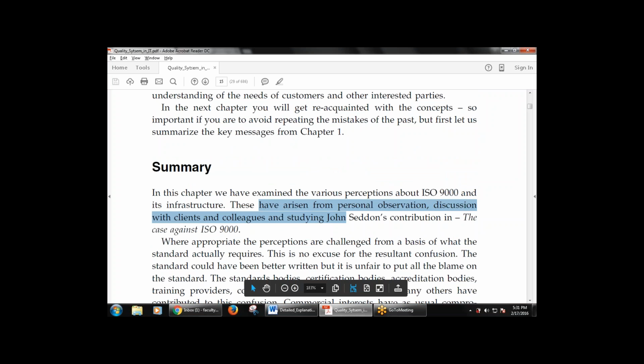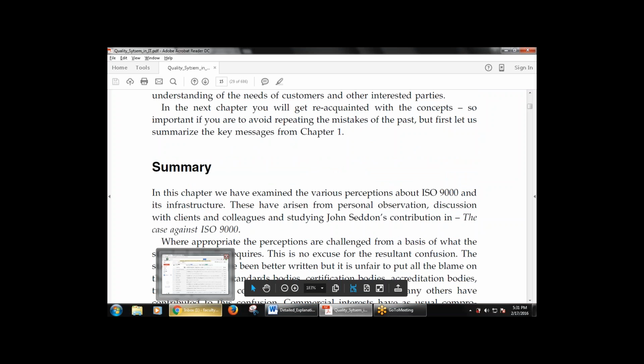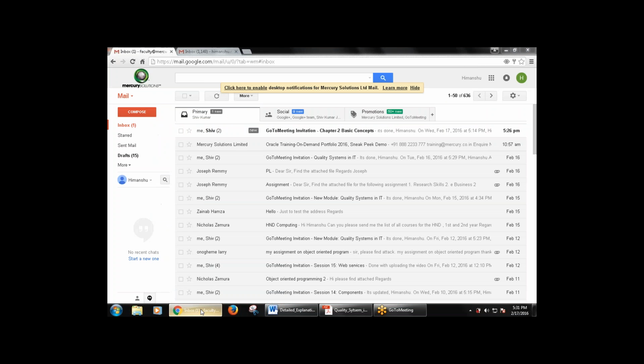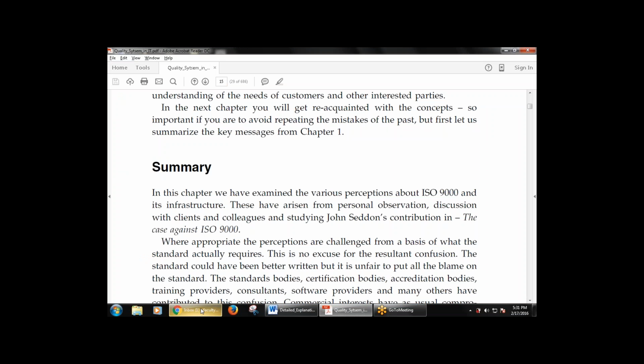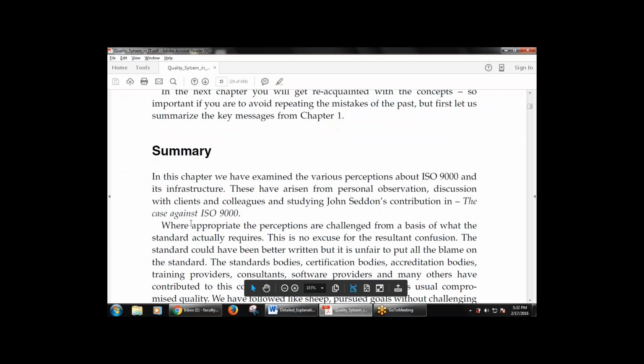These have arisen from personal observations, discussions with clients and colleagues. And where appropriate, the perceptions are challenged on the basis of what the standard actually requires.